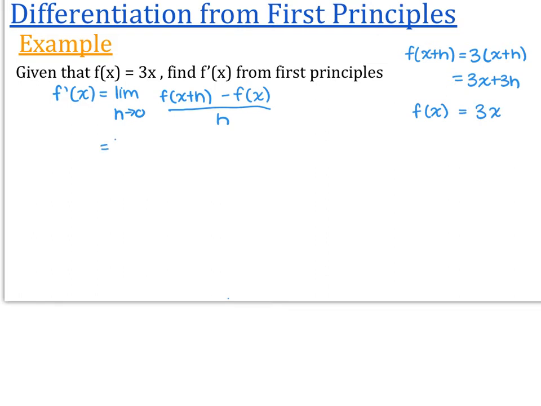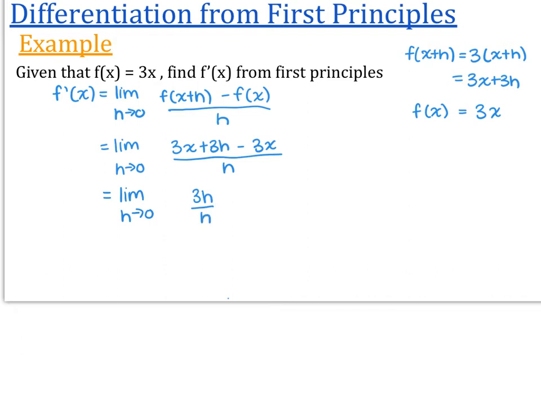So I end up with the limit as h approaches 0 of 3x plus 3h minus 3x, all divided by h. So I'm going to clean up the top half of my fraction. 3x minus 3x is going to give us 0, so our derivative is going to become the limit as h approaches 0 of 3h divided by h.